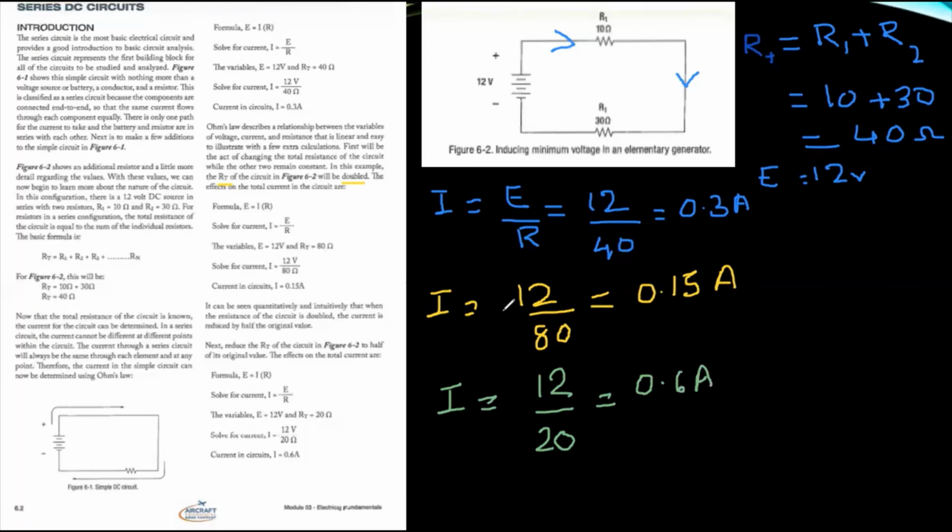In the second case, we are doubling the resistance, and when we increase the resistance, the current reduces. And in the third case, we reduced the resistance, so the current increases.